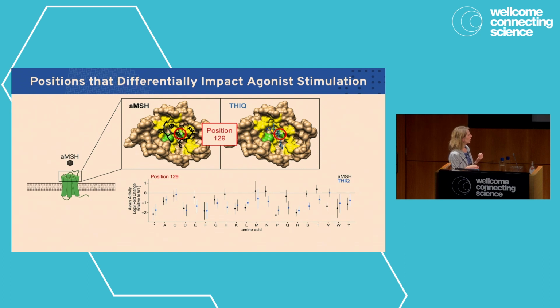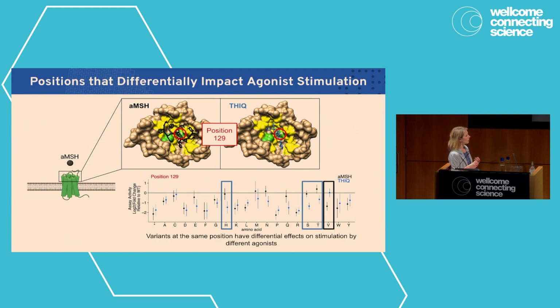So you can see that putting a stop codon or a D or an F at this position negatively impacts the function of the protein under signaling from either of these agonists. But a lot of the variants have the same effect whether you use alpha MSH or THIQ.